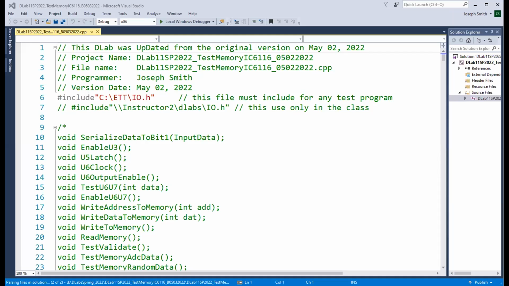Can you guys out there see it? Not yet, black screen. Okay, yes, now okay.